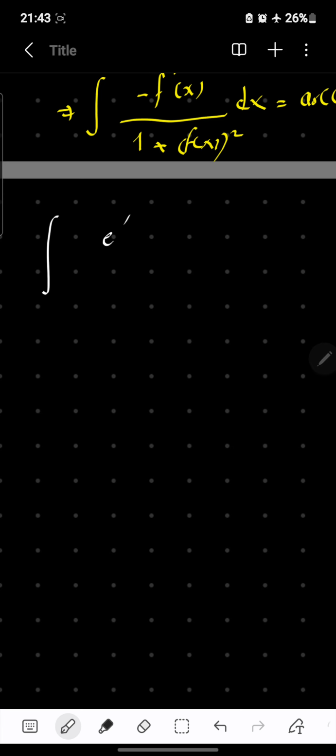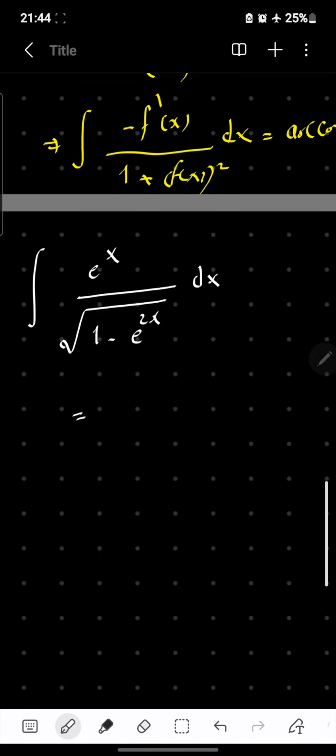So let's take one or two examples. Integral of e power x over square root of 1 minus e power 2x dx. I think we have this example in the lectures, number 20 or 21, I don't remember, but let's solve it. It's a form of sine inverse.